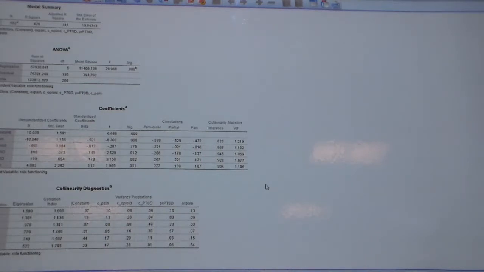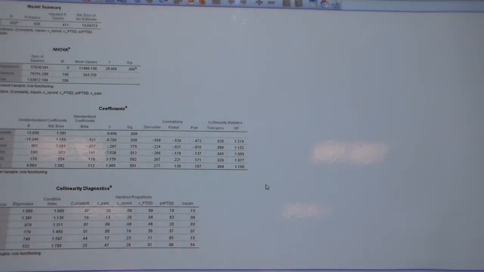So within this base model, our conditional effects represent the relation of our predictor with our outcome at average levels of that moderator. You kind of see where that's coming from.